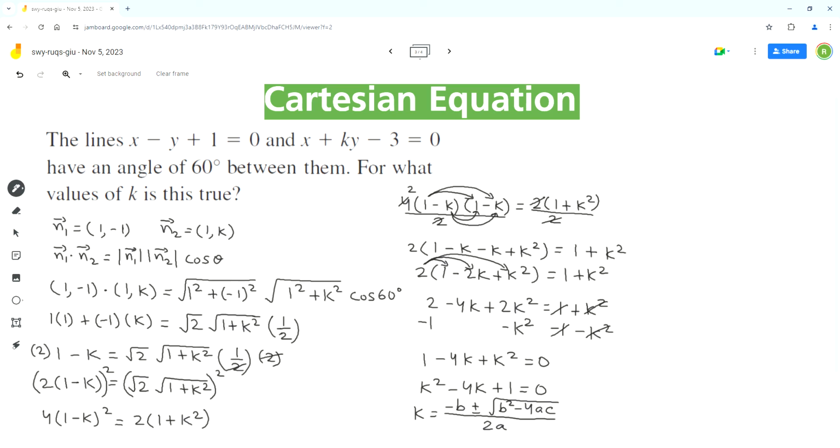In this equation, a value is equal to 1, the coefficient of the k square term, b is equal to -4, the coefficient of k term, and c is the number term 1. Now we can sub in these values in this quadratic formula.